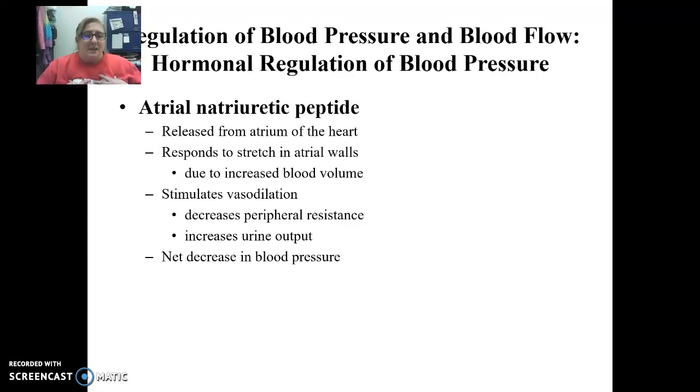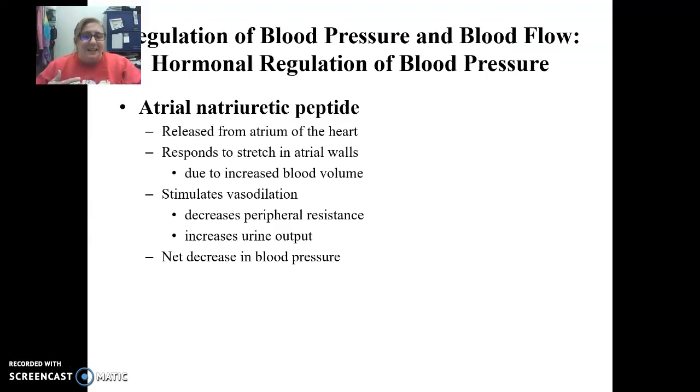we have the cells that produce atrial natriuretic peptide in response to increased stretch. So as blood moves back from the system into the right atrium, if there's a great stretch on the heart wall, that stimulates ANP to be produced.